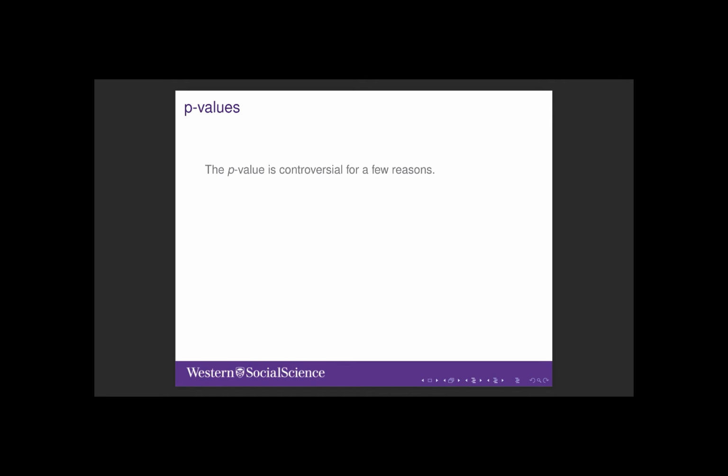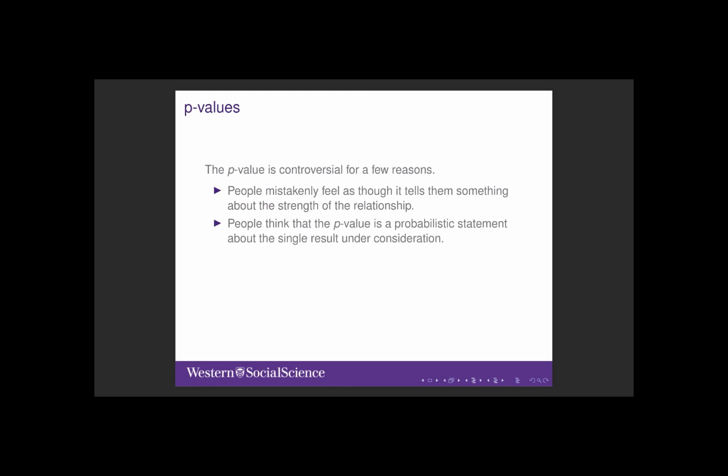P-values have been gaining in controversy and are often identified as the epicenter for the current replication crisis in science. One reason that p-values are controversial is that people sometimes think they identify something about the strength of the relationship or effect. They do not. Some people think that p-values make a probabilistic statement about the single result in question.